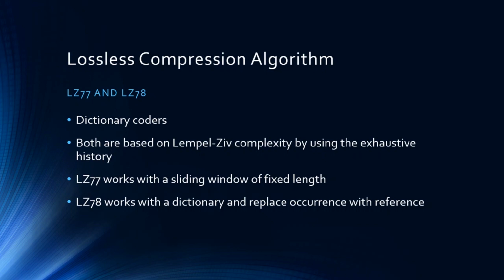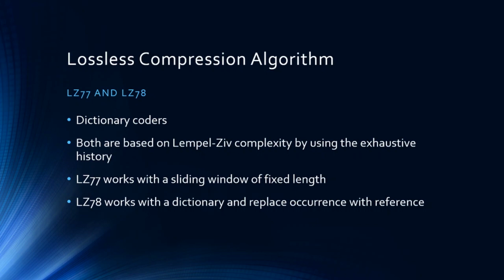Those two algorithms are dictionary coders, so they keep track of the exhaustive history. Both are based on Lempel Ziv complexity, but they are doing it in a slightly different way. LZ77 works with a sliding window, so it has a short-term memory of a fixed length, and LZ78 works with a dictionary and replaces the actual occurrence with a reference to this big dictionary. That's basically how both of them work.